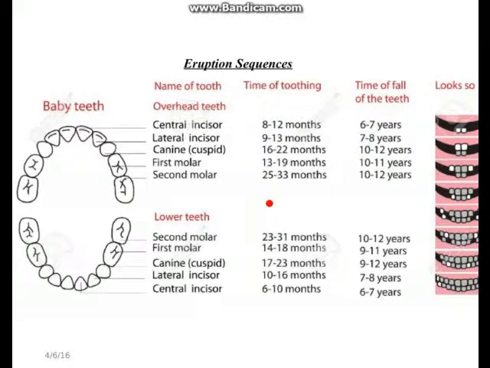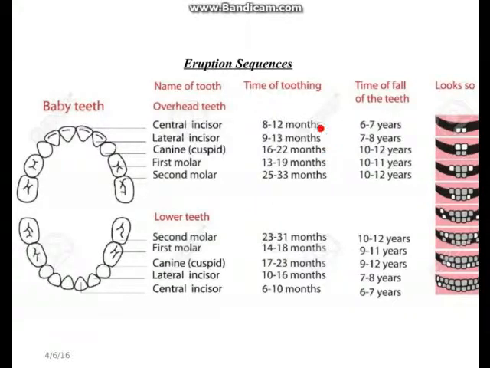What should she do? You can automatically guess, okay, this baby's first tooth erupted, so it's going to be a lower central incisor, and the baby's 6 months old. You understand what I'm saying? So this is why it's important for you to know when the teeth erupt, whether primary or permanent.